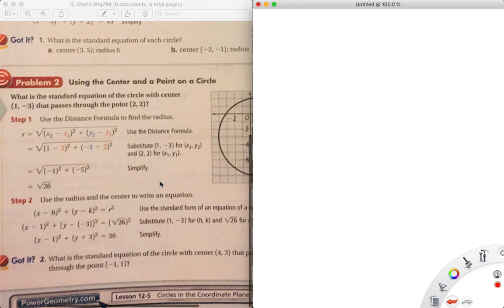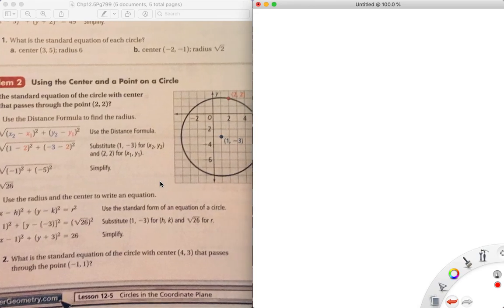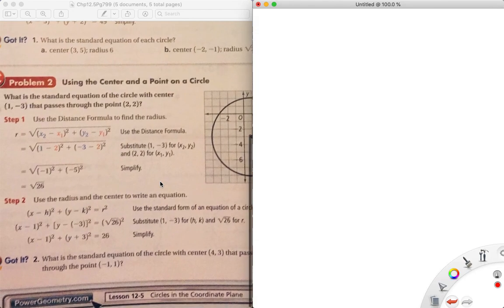Points on a circle. So they say, what is the standard equation with the center (4, 3) that passes through the point (-1, 1)?